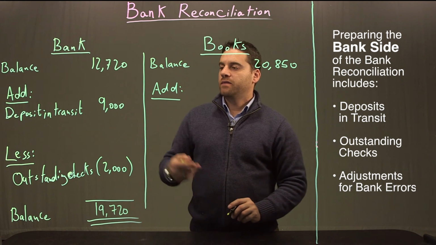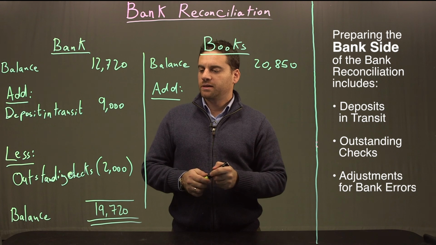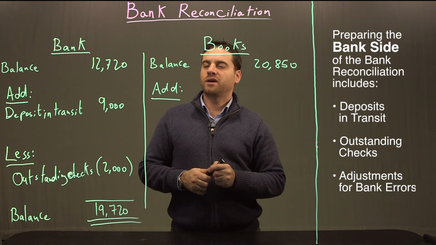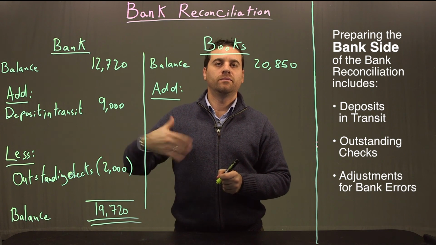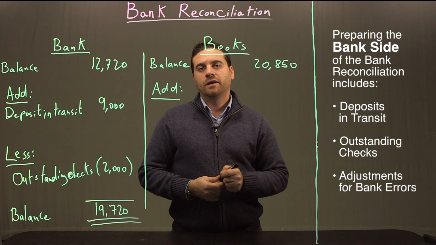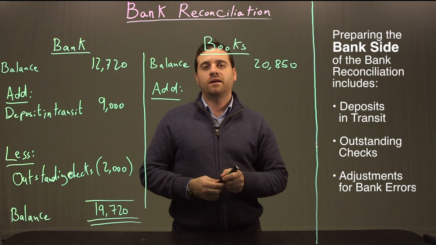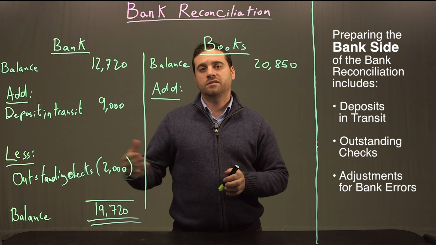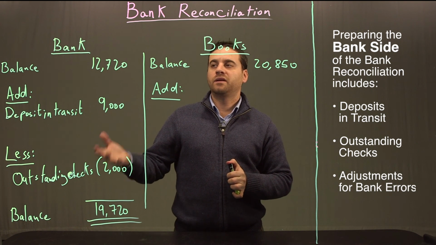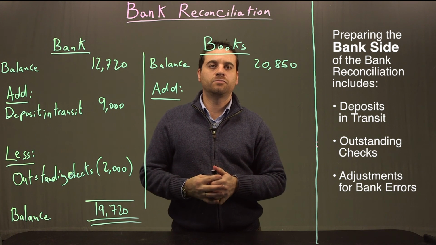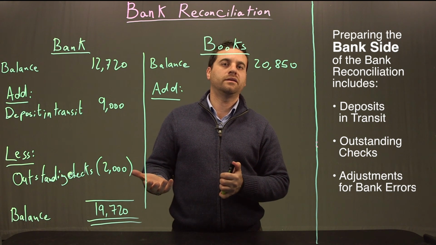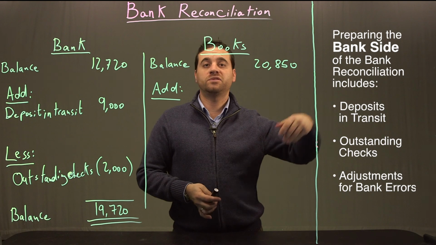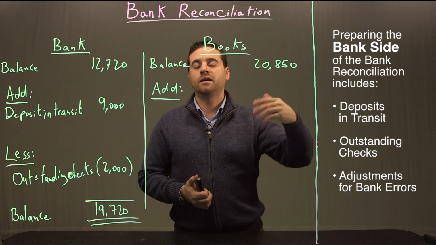Okay. There's a third example which also requires us to reconcile the bank, but I'm not going to consider it. But I need to explain it to you, which is bank errors. And I'm not sure if that happens very often. It's when the bank makes an error. For example, they deducted a specific amount from us which was not supposed to be deducted, or maybe it was supposed to be deducted from someone else's account, but by mistake they took it from us.